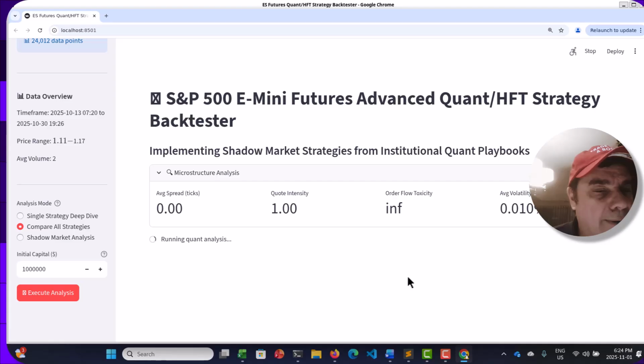So we'll let this run as best as we can. I can only talk about so much. Here you're going to see the HFT stuff that I've talked about: order flow toxicity, average volatility, quote intensity.